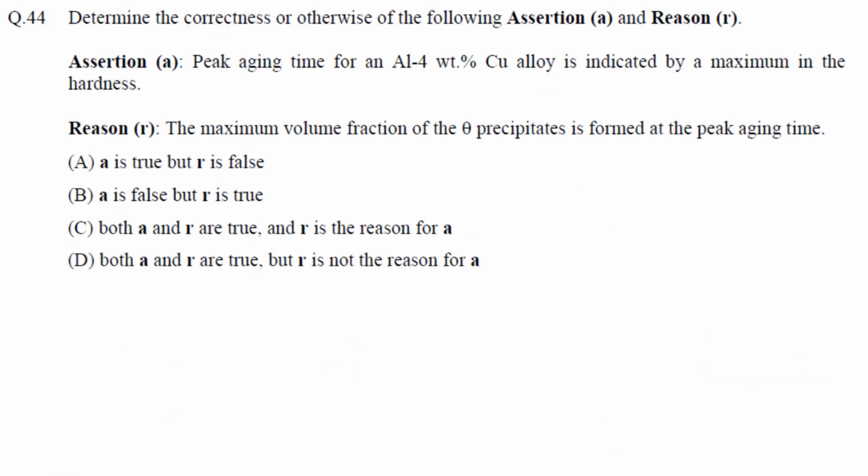Determine the correctness or otherwise of the following assertion and reason. Peak aging time for an aluminum 4 weight percent copper alloy is indicated by a maximum in the hardness. Yes, this is the aging curve.